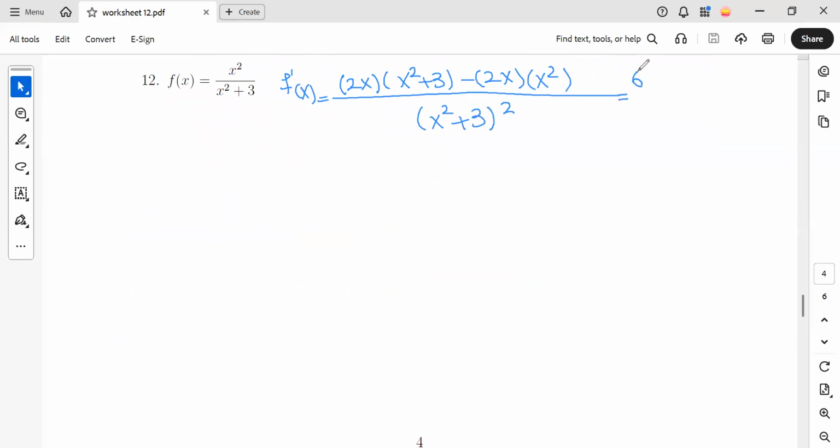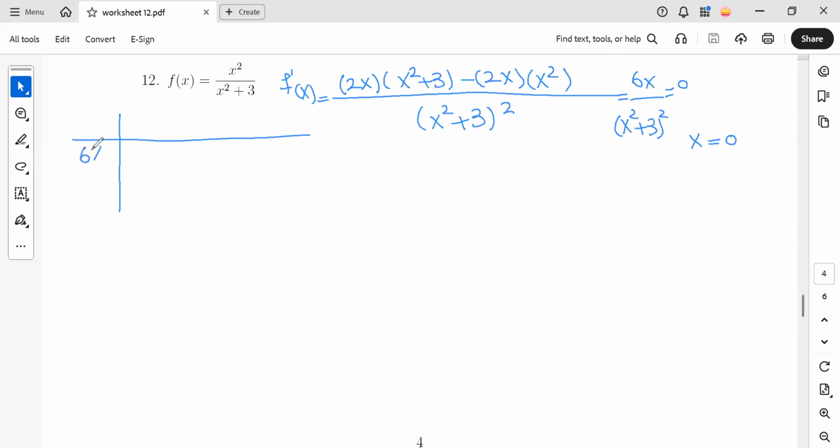After simplifying, this will be 6x over (x squared plus 3) squared. And if it is 0, then x equals 0. We would use this in order to draw the table, the sign chart.